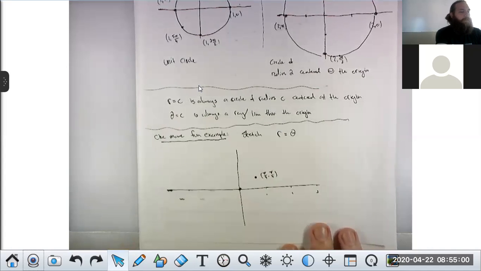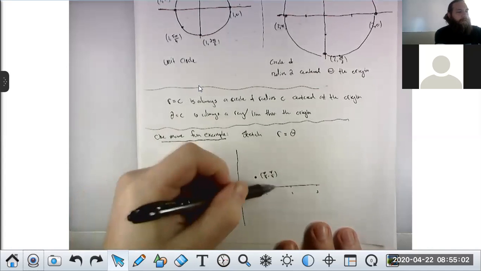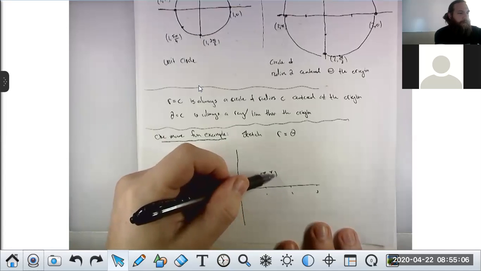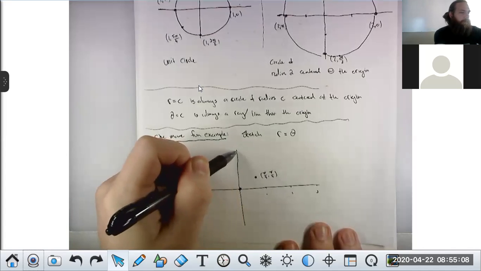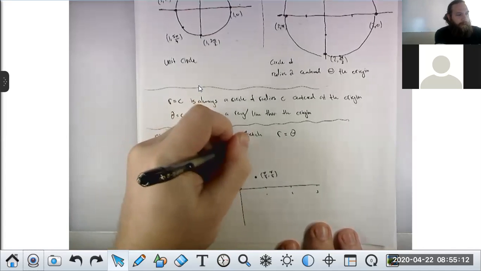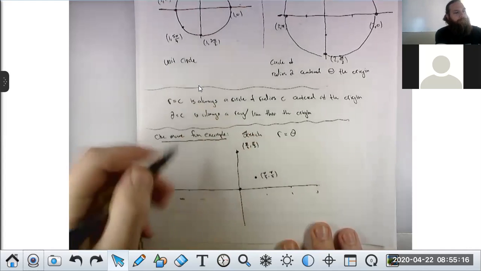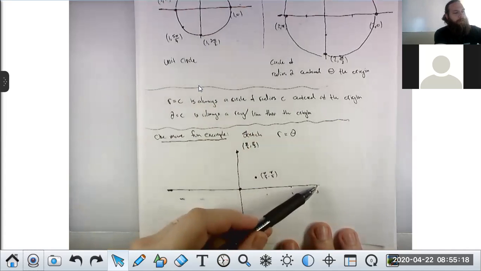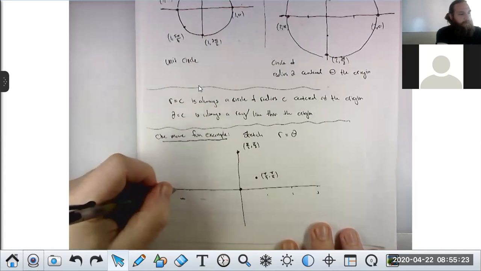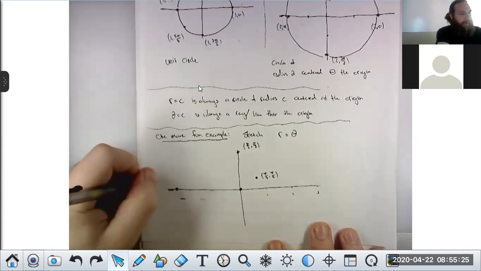Pi over 2 is closer to 3/2, right? So that would mean walking to about out here along my polar axis, and then I swing it up to pi over 2. So here's the polar point pi over 2, comma, pi over 2. Pi is about here, and if I swing it all the way around, here is the polar point pi, comma, pi.